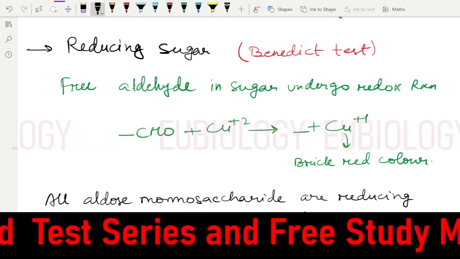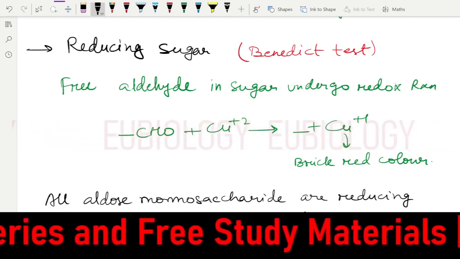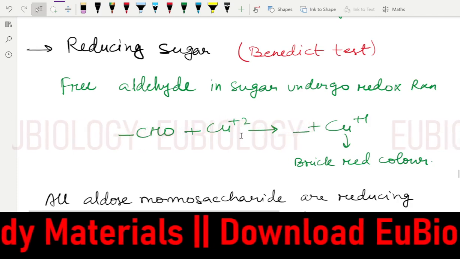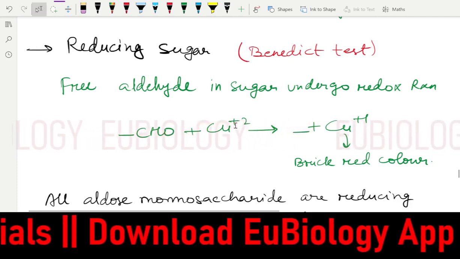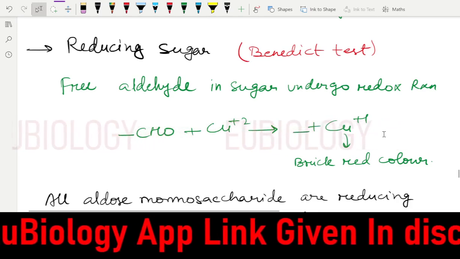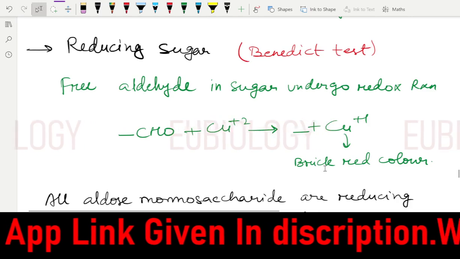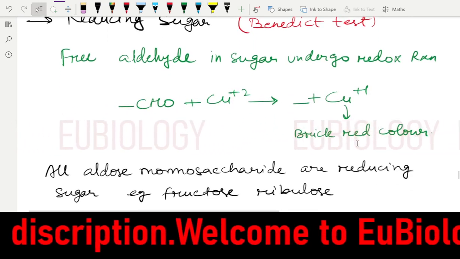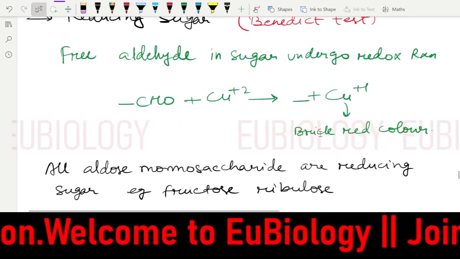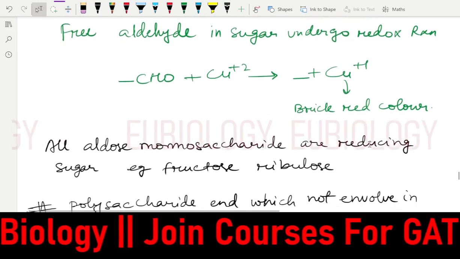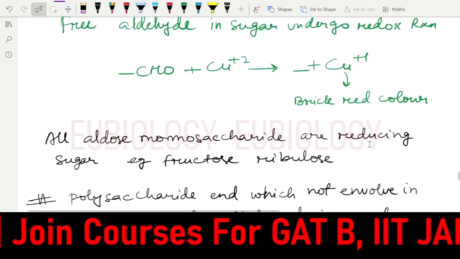That aldehyde is able to go for the redox reaction, in which the cupric ion will be reduced into the cuprous ion. It gives you the brick red color, and that is the Benedict test. If the red color comes in the urine, then we find the person has high glucose in their blood.